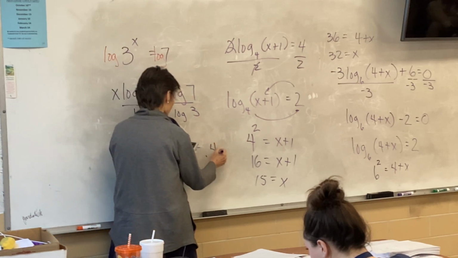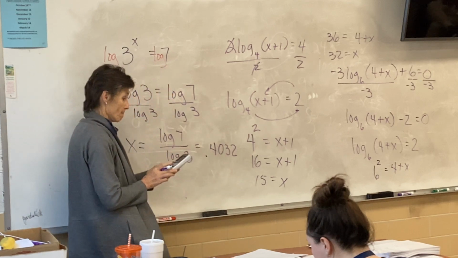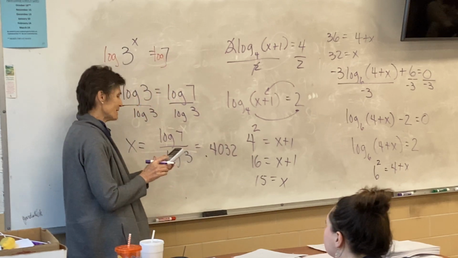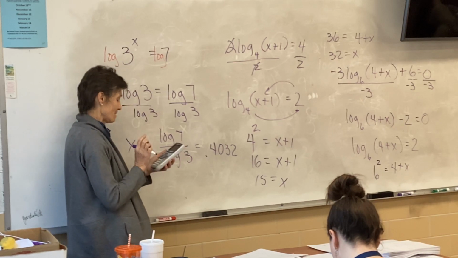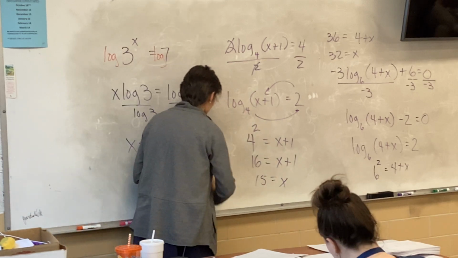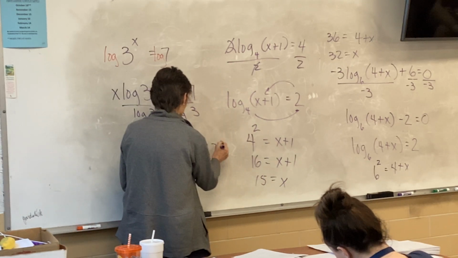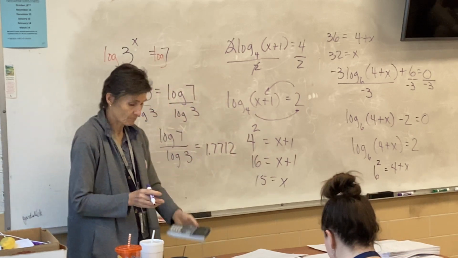And I got 0.4032, is that what you got? I got 1.77. Oh, because I multiplied instead of divided, thank you. Log 7 divided by log 3, I got 1.77. Does that look better? Yeah. Thank you. Gotta type it in right.